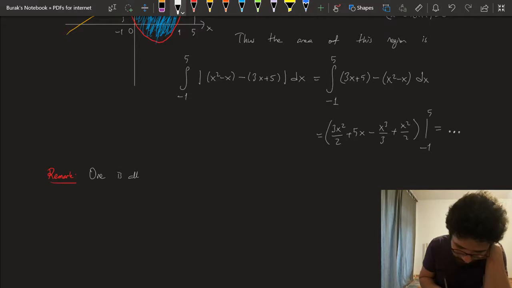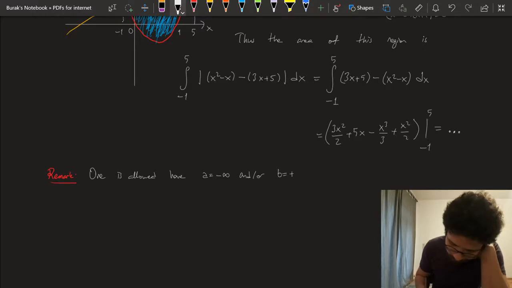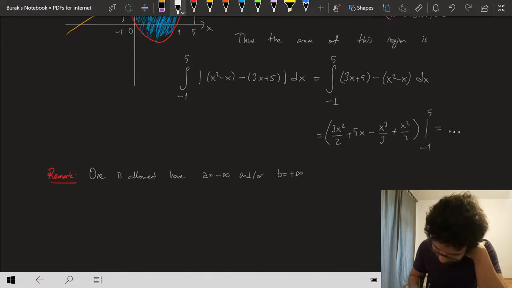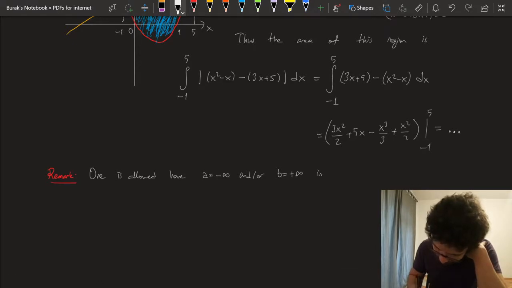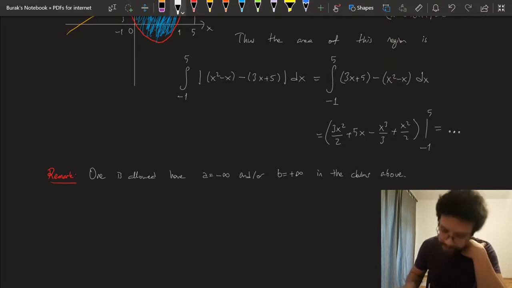One is allowed to have a equals minus infinity or b equals plus infinity in the claims above. When I say the claims above, I mean these.